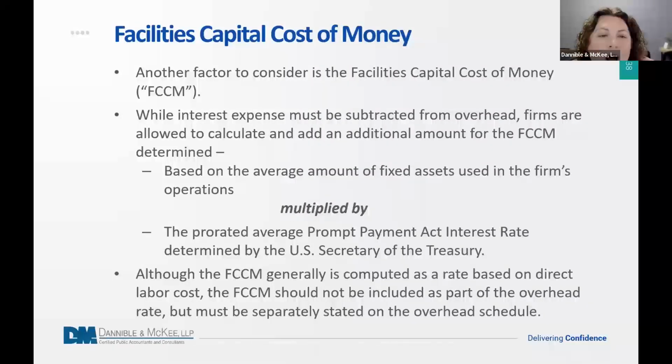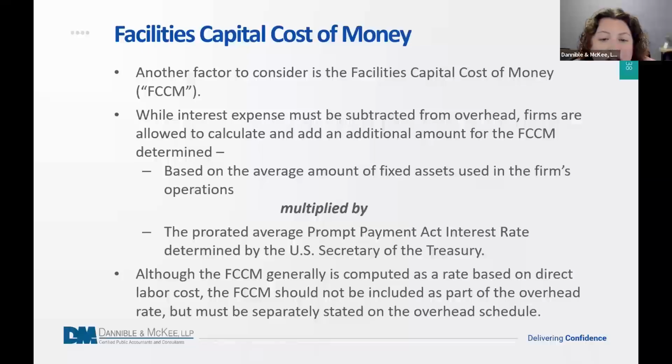So one other topic I want to talk about is this thing called the Facilities Capital Cost of Money, otherwise known as the FCCM. So remember how we talked about interest expense, that it has to be subtracted from your overhead? Well, firms are actually allowed to calculate and add in an additional amount for the FCCM, which is determined on the average fixed assets used by your firm multiplied by an industry rate, an interest rate set by the U.S. Secretary of the Treasury.